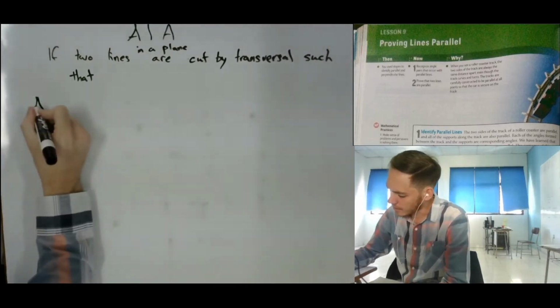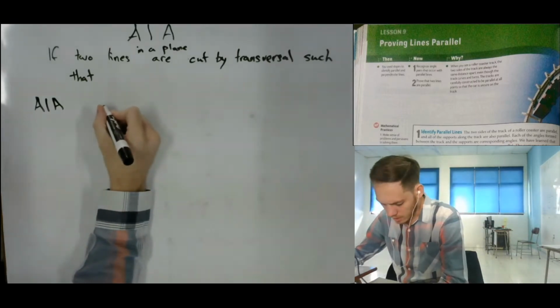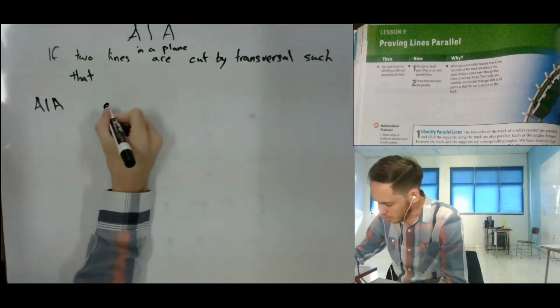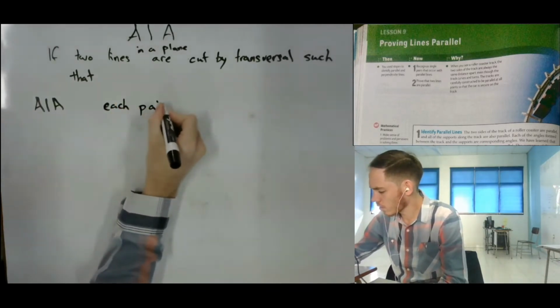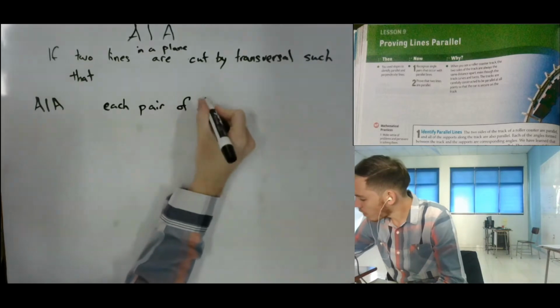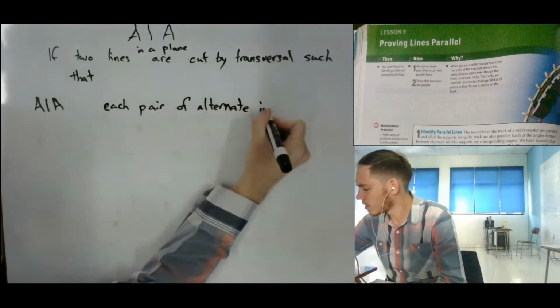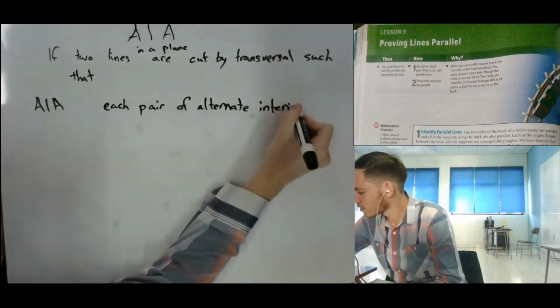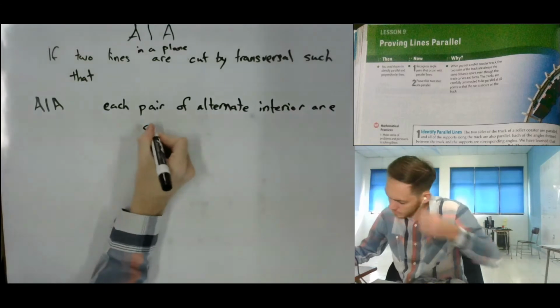So the AIA is going to be such that each pair of alternate interior angles are congruent.